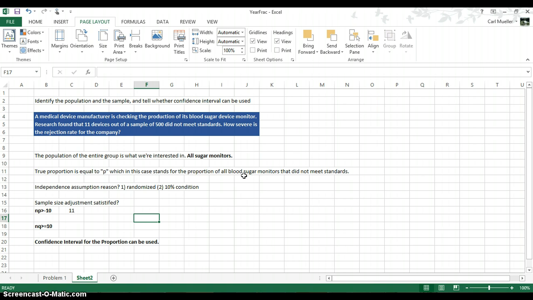A key question, whether or not we can use this confidence interval, is: is it randomized? And does it meet the 10% condition? For randomization, it's a safe assumption that if it's not articulated here, we can reasonably assume that it is randomized. Most large-scale samples are randomized.